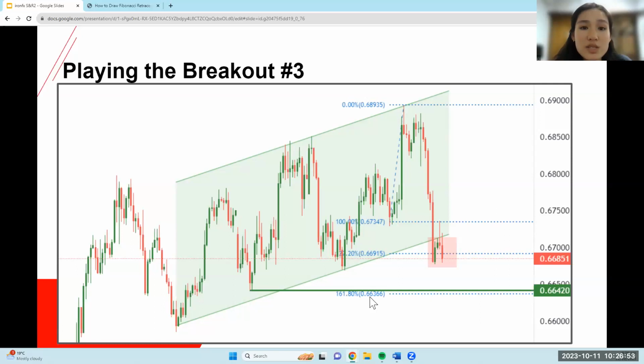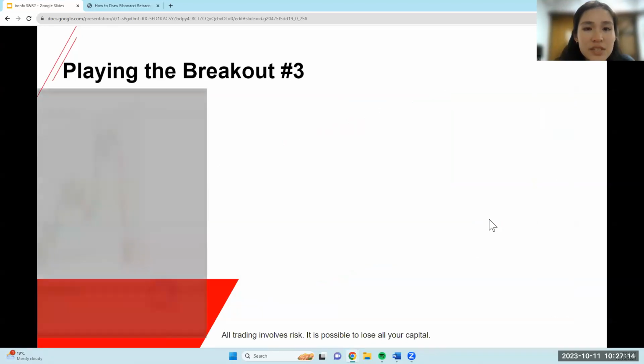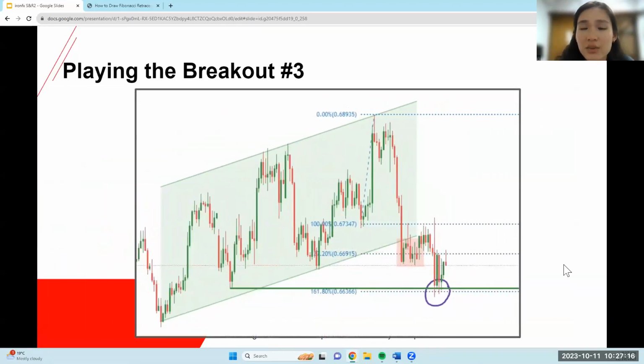Okay, so 161.8 is also in line with this swing low support level at 0.66420. So we want to try and make sure that we line up Fibonacci with graphical levels as much as possible. And you can see here that that's exactly what happened.